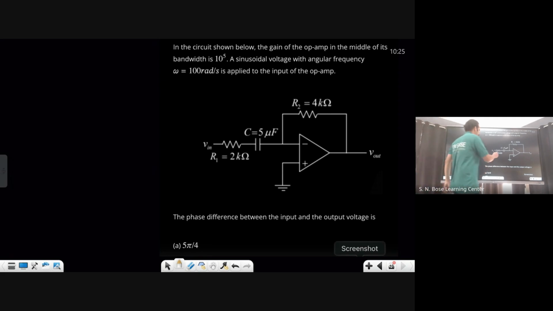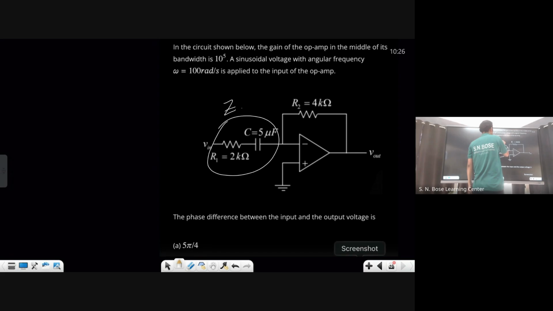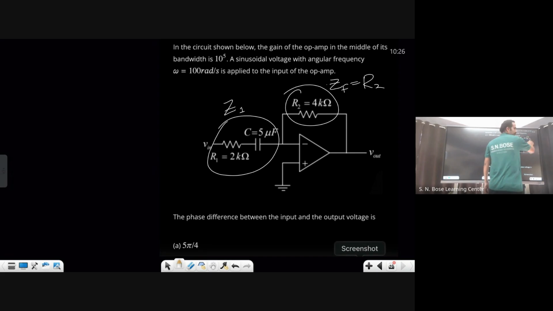Okay, fine. So can I say this whole thing is my Z1, and this is my ZF, am I right? ZF is simply R2. This is an inverting amplifier.